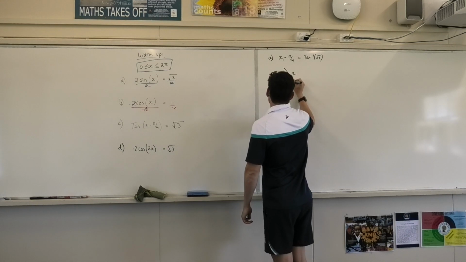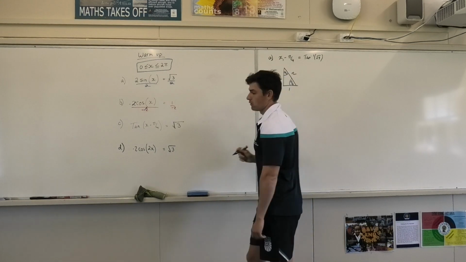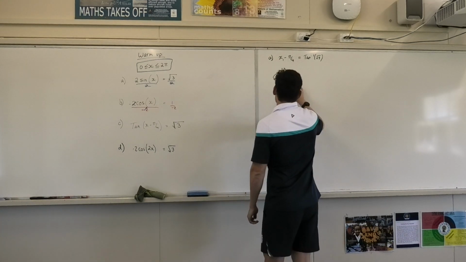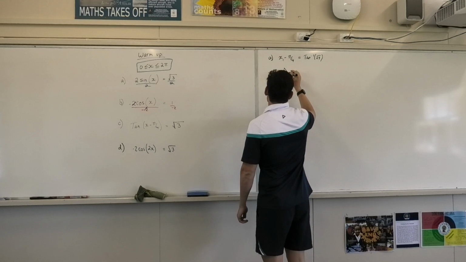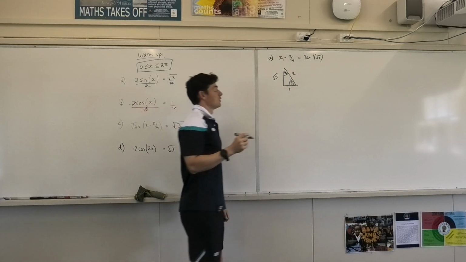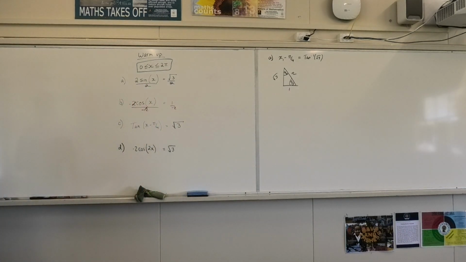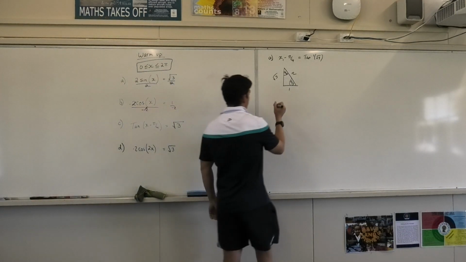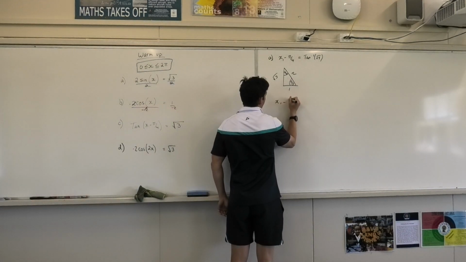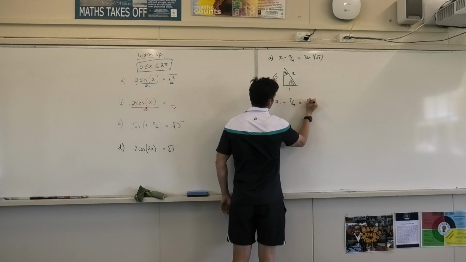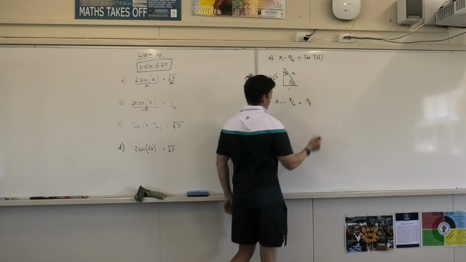What does tan equal? Opposite over adjacent, correct? So which angle gives me an opposite of root 3 and an adjacent of 1? Pi on 3. So I know that x1 minus pi on 4 equals pi on 3.